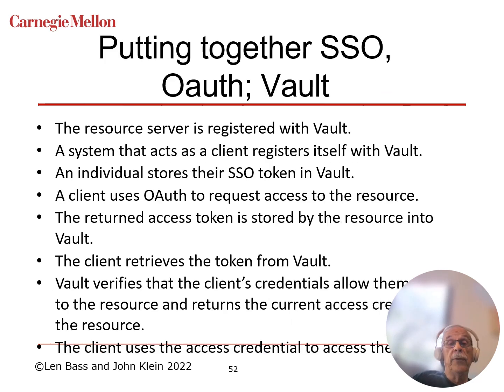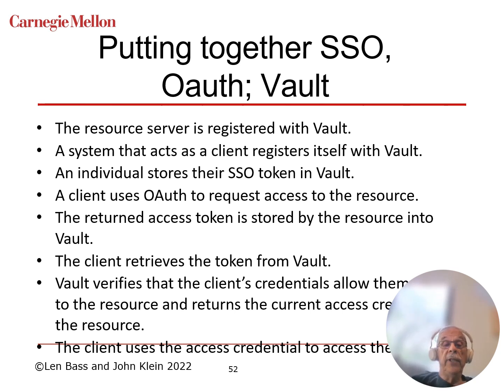And so this is a centralized function, and you can put together single sign-on, OAuth, and Vault. And by having the resource server from OAuth register with Vault, it's one of the systems that lets its credentials be managed. A system that's a client also registers with Vault. An individual can store their token in Vault. A client can use OAuth to request access to a resource, given a token, and stores it into Vault.